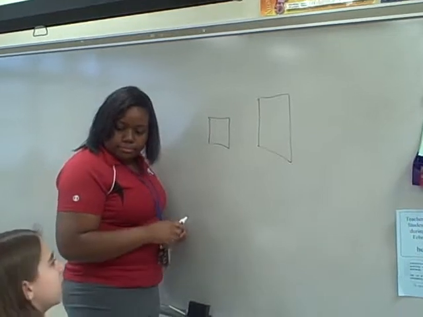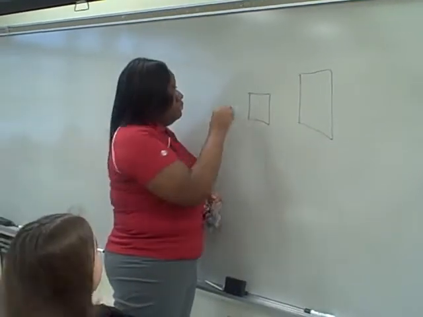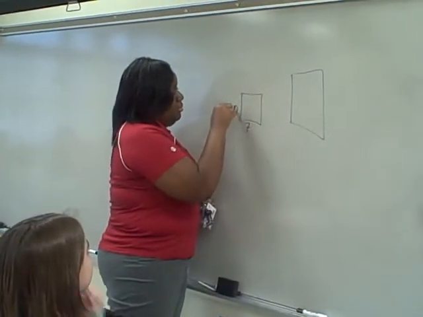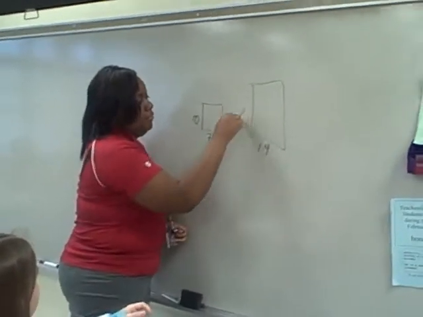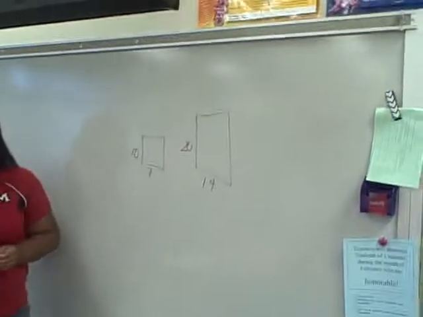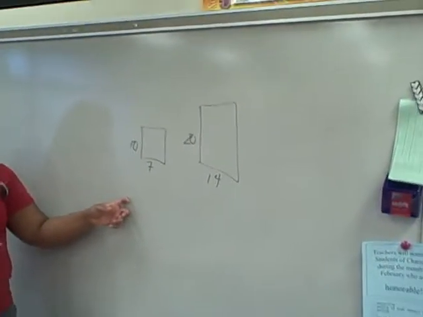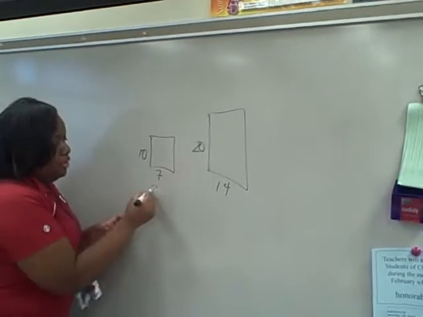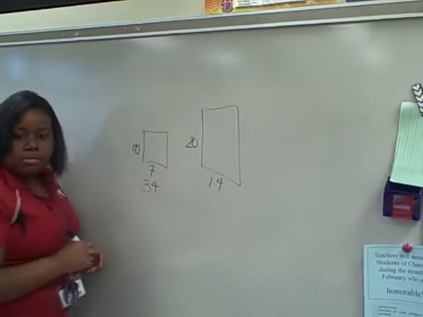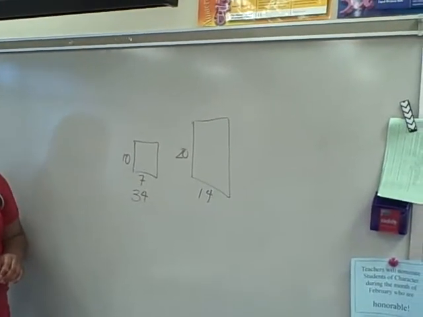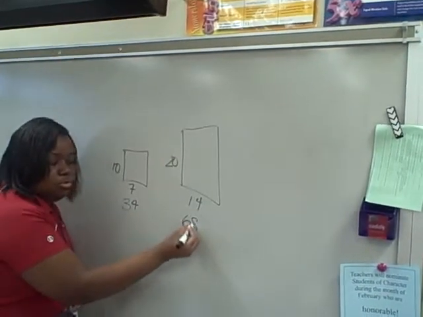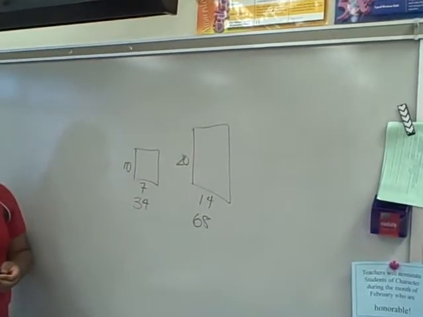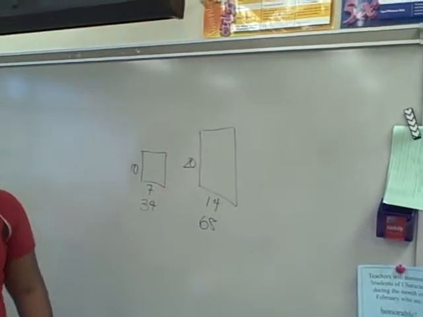Give me 2 numbers. 7 and 10. So, double it: 14 and 20. What is this perimeter? 34. This perimeter is 68. Did your theory hold true?